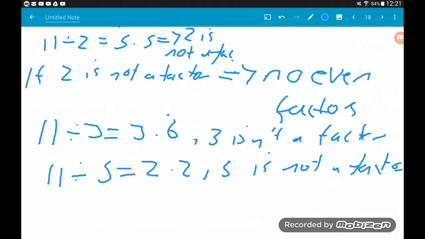So if we try to do 11 divided by 7, we will get 1 point some stuff after the decimal. So 7 is also not a factor.